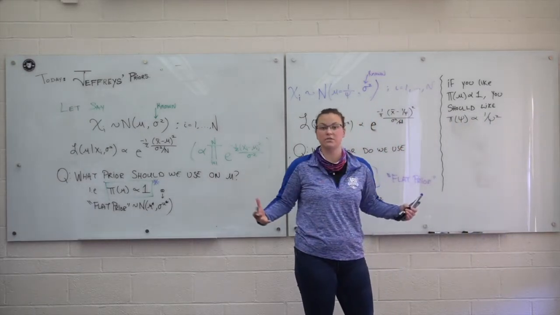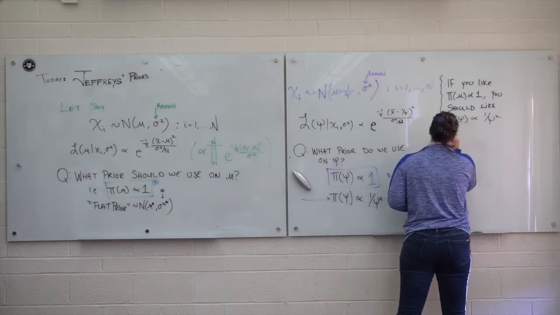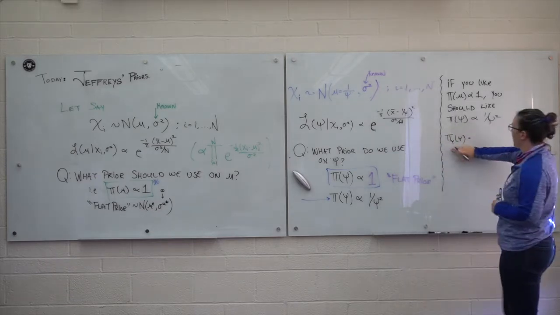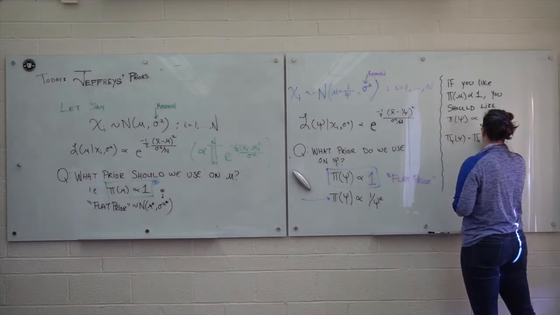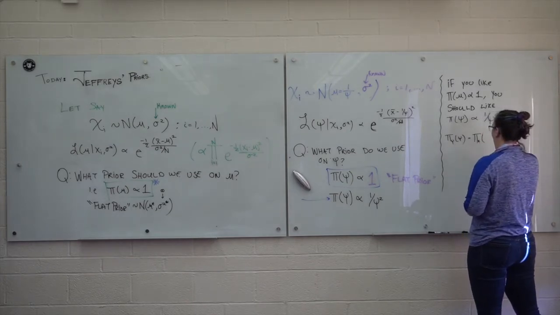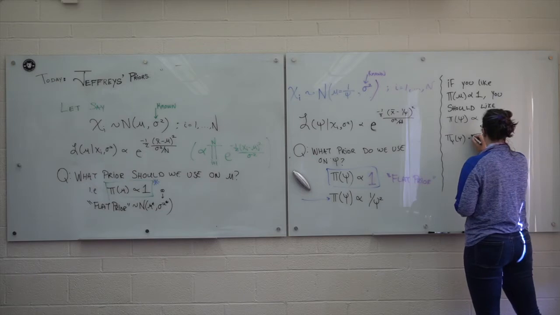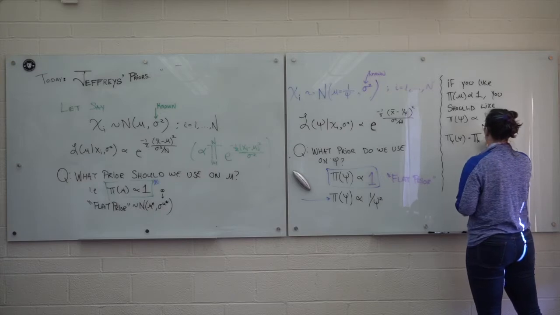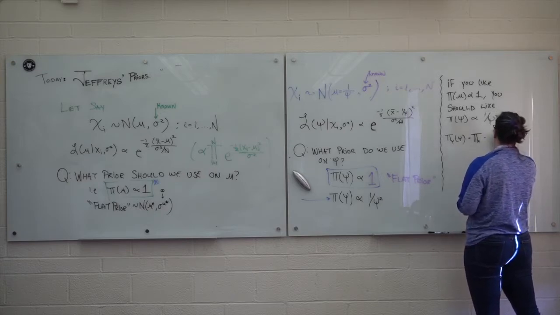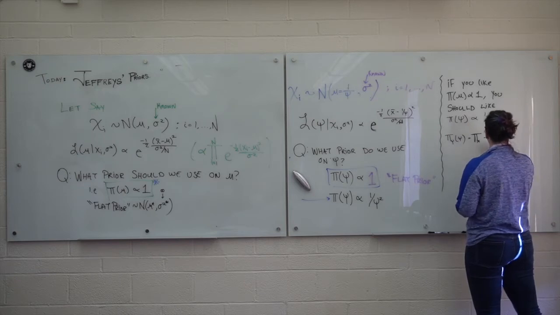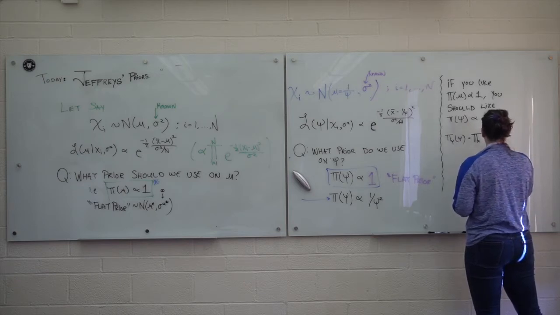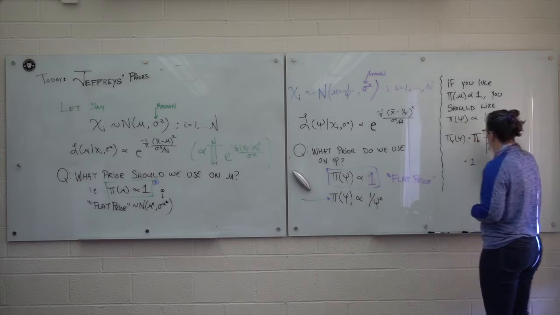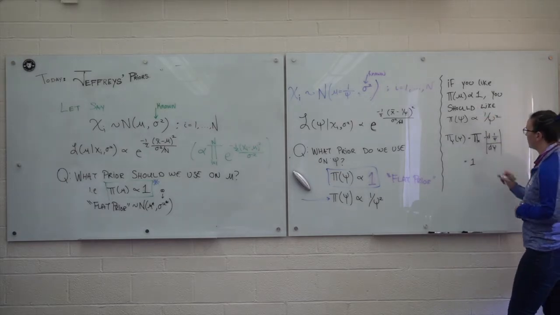Why? It's transformations. So if we do a quick transformation, our prior on mu, which will be 1, and then we go 1 over psi, taking the derivative with respect to psi. This will be equal to 1, because again, 1.